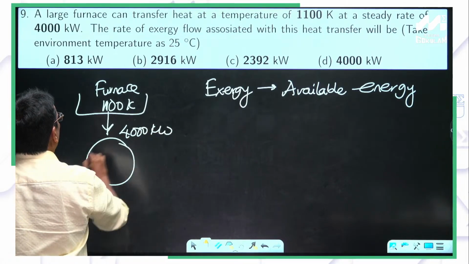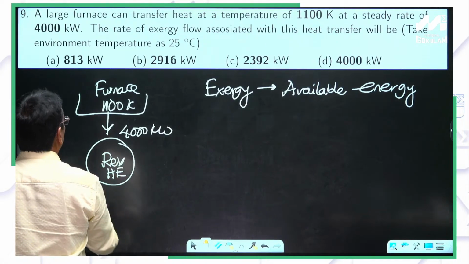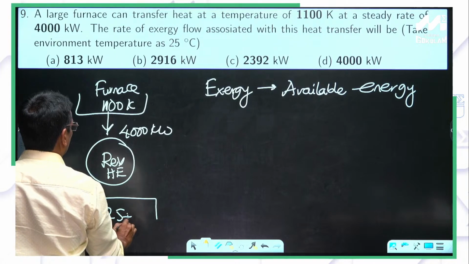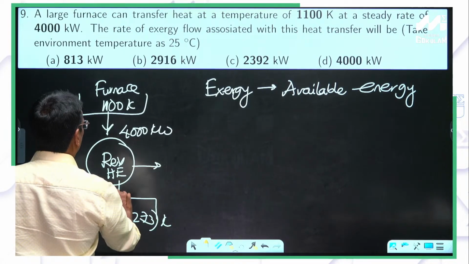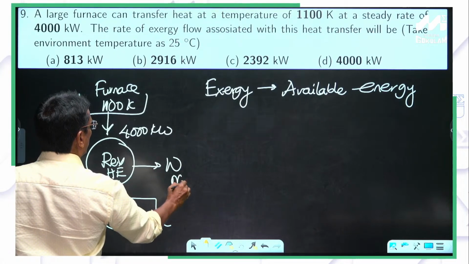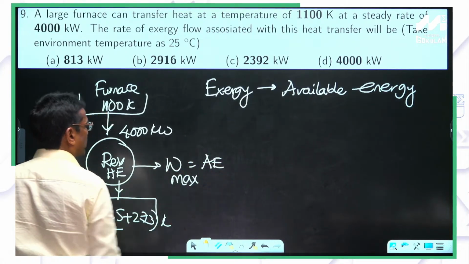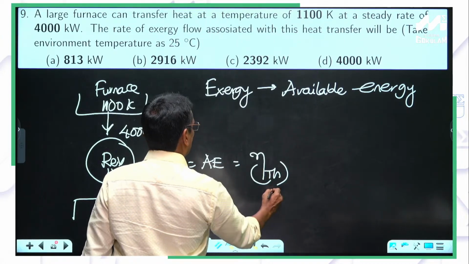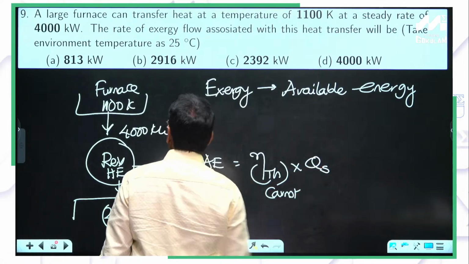The maximum work you may obtain only in a reversible heat engine with a sink temperature of the environment, 25 plus 273 Kelvin. So this work obtained, the maximum work, is called available energy, also known as exergy, which will be equal to the thermal efficiency of the Carnot heat engine into heat supplied.